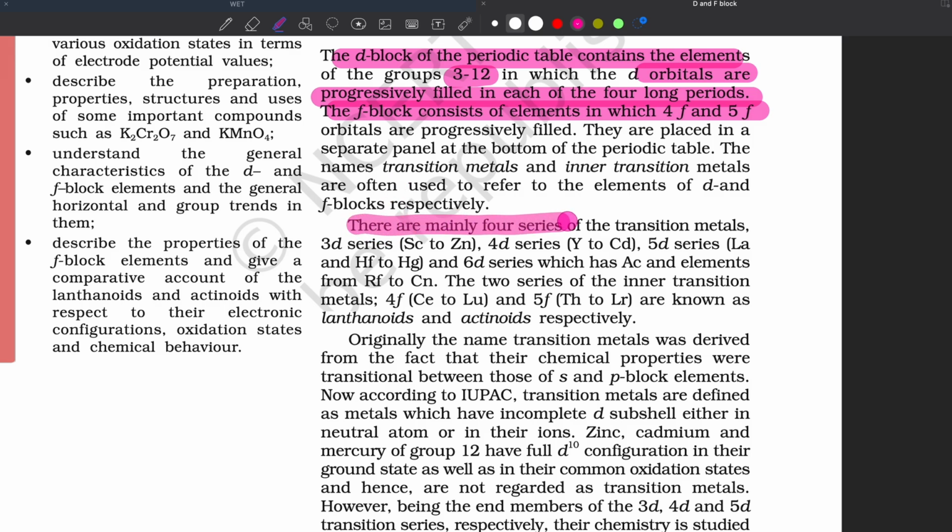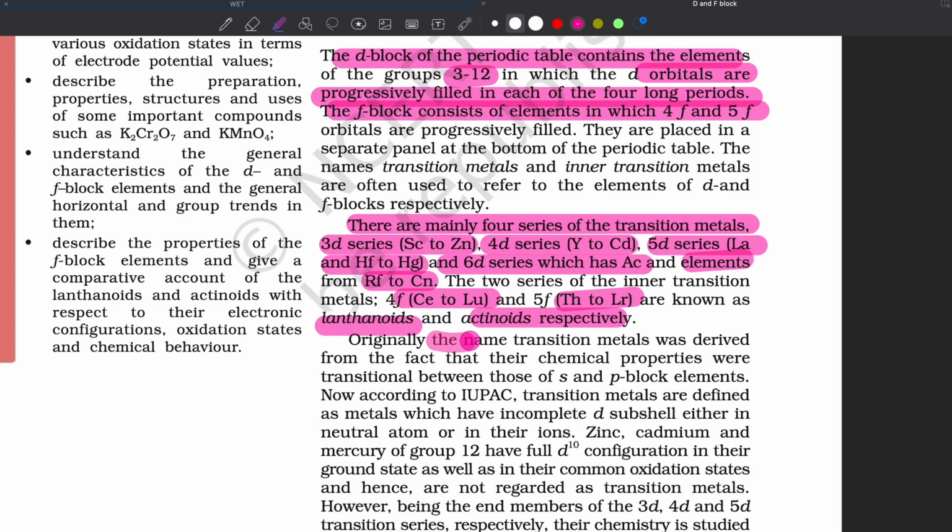There are mainly 4 series of transition metals: 3d series, scandium to zinc; 4d series, yttrium to cadmium; 5d series, lanthanum and hafnium to mercury; 6d series, actinium and elements from rutherfordium to Cn. The 2 series of inner transition metals, cerium to lutetium and thorium to lawrencium, are known as lanthanides and actinides separately.